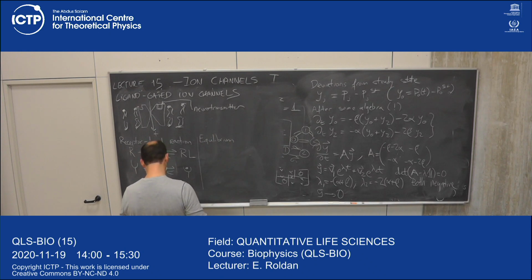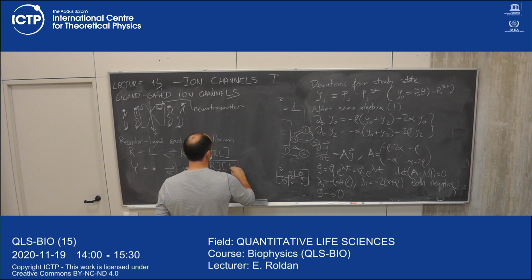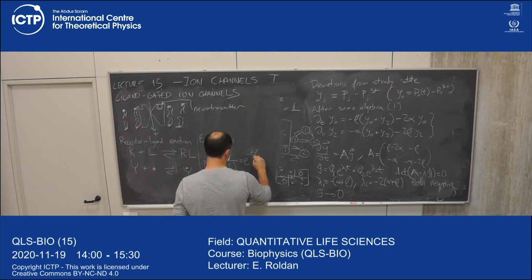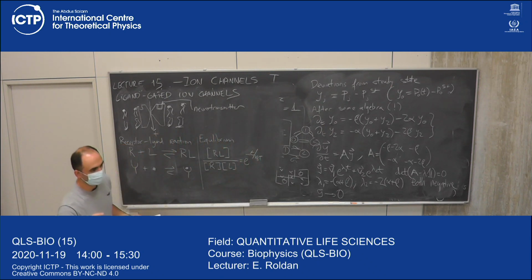You will have the following equation: AL divided by R times L equals e to the minus epsilon over kT. This will be called epsilon, it could be called delta G, it could be called delta E, it depends on the conditions, but this is a binding free energy, so it's how much energy you release or you take to make this reaction.